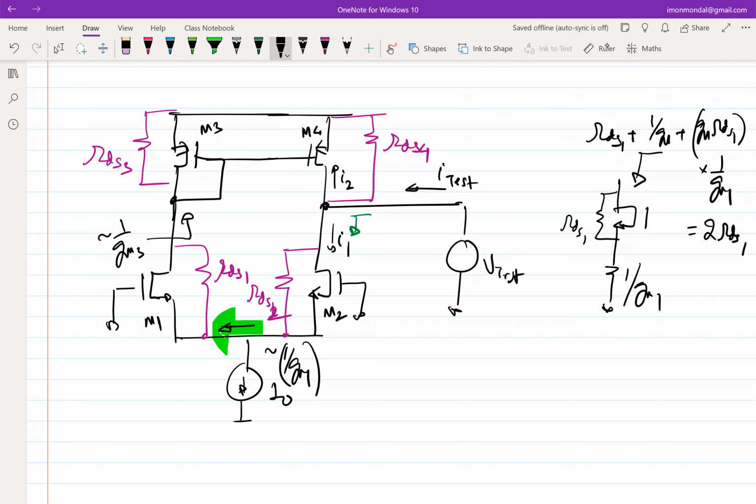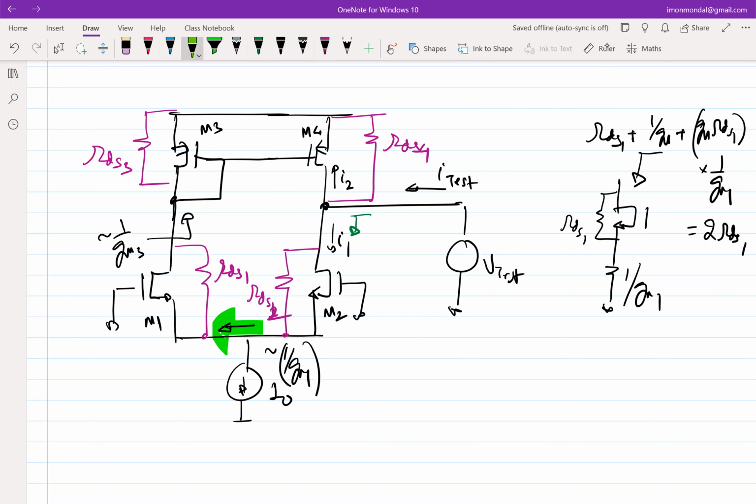But the more interesting thing happens about the impedance looking up. Right? So what do you think is the impedance looking up if you don't do too much analysis? RDS4, right? So that definitely will be a part. But note a very important thing.